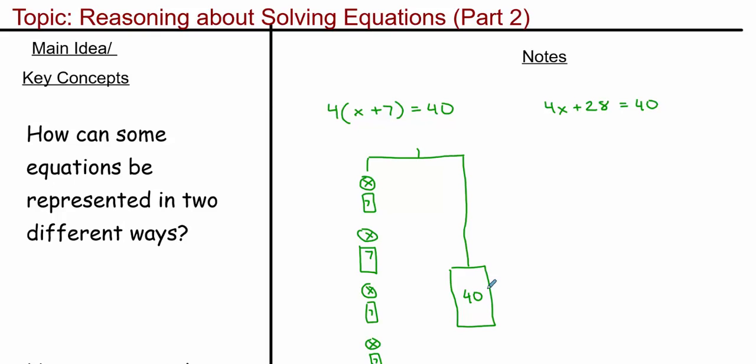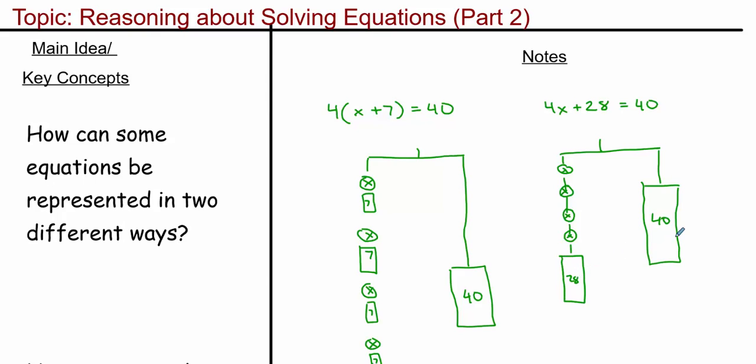But the same thing over here, if we made a tape diagram or a hanger diagram of this one, we would have this 40 over here again, but it would look a little bit different. We would have 4 x's plus a 28.